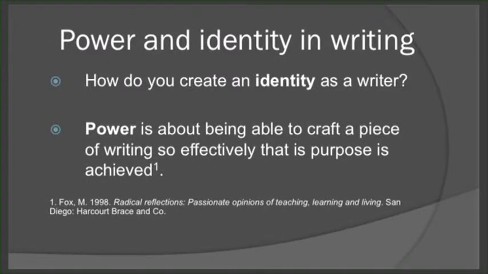But sometimes, as academics, we don't always make explicit, perhaps, what our students need to know. So hopefully today, I'm going to try and make explicit some of the issues around identity and discourse in writing. So there are two things that I want to look at. The first is, how do you create an identity as a writer?